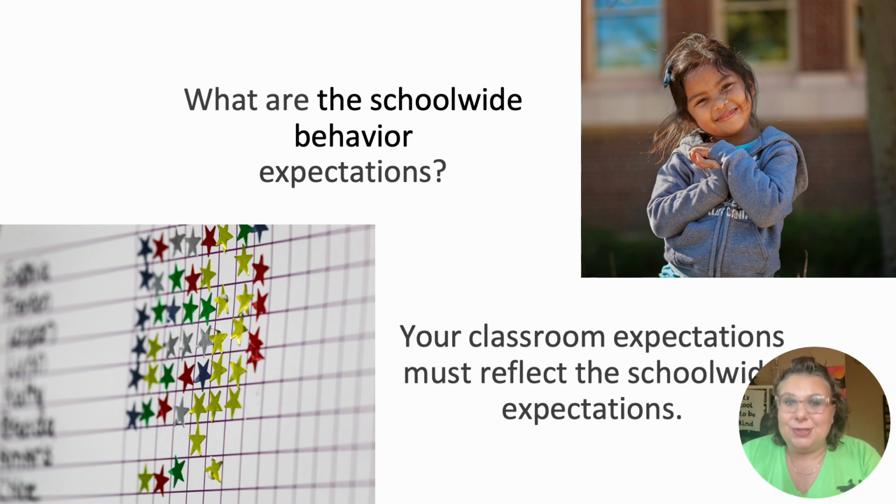If you are a school that expects a lot of gross motor play, your classroom needs to incorporate that as well. So thinking about the school-wide expectations will help you with creating the expectation matrix in your classroom or behavioral management matrix.